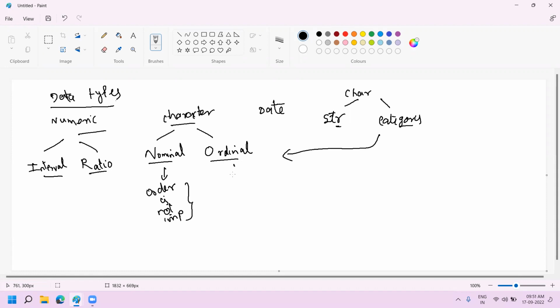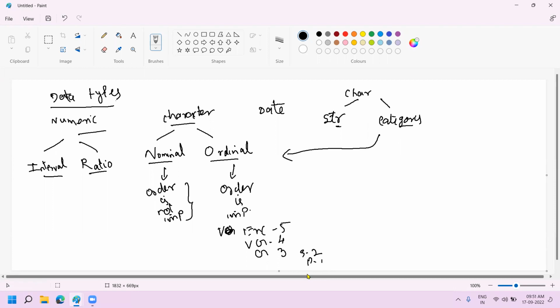What is ordinal? Ordinal is order. So here order is important. Excellent, the score is 5. Very good, the score is 4. Good, the score is 3. Satisfactory, score is 2. Poor, score is 1. Now here the order is significant.